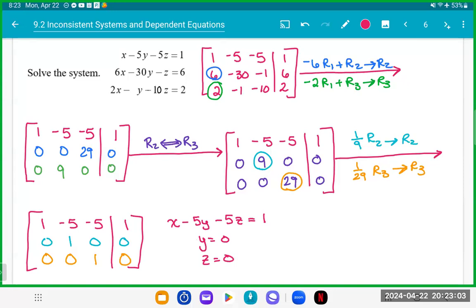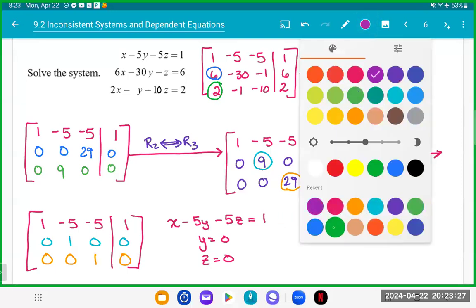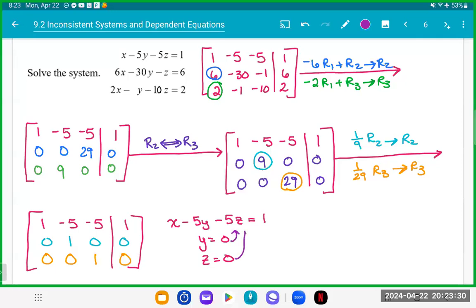And so when we plug 0 in for y and 0 in for z into this equation, we get x minus 0. So basically we get x equals 1, right?